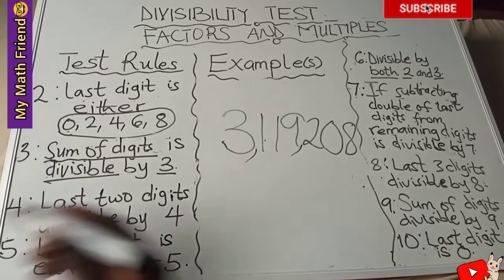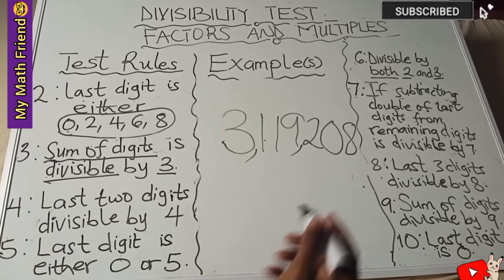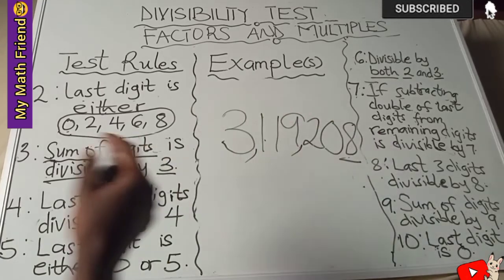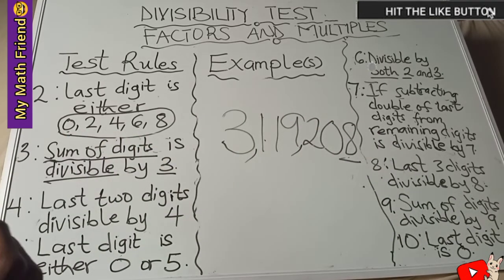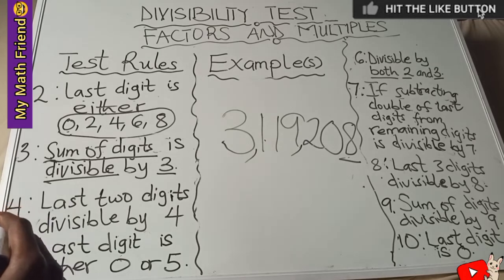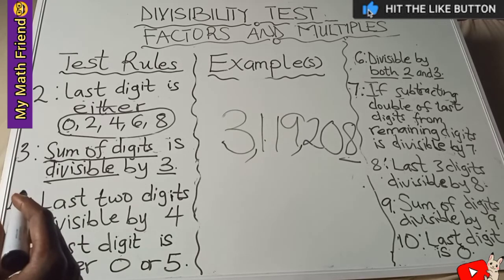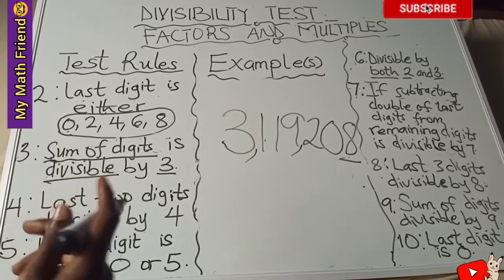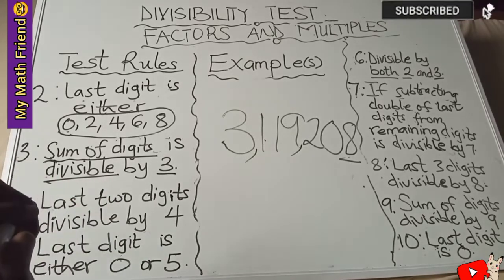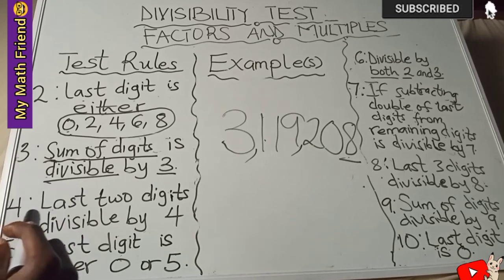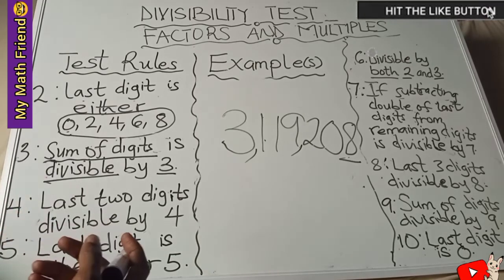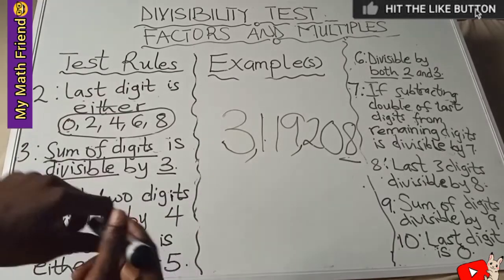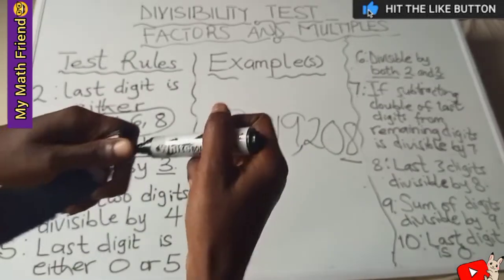So you see how huge the number is. Let's just check the last digit. The last digit is 8. Is it 0? No. So because the last digit is not 0, we say that 3,119,208 is not a multiple of 10, or it's not divisible by 10, or 10 is not a factor of that number.